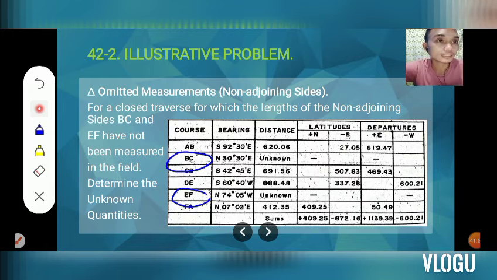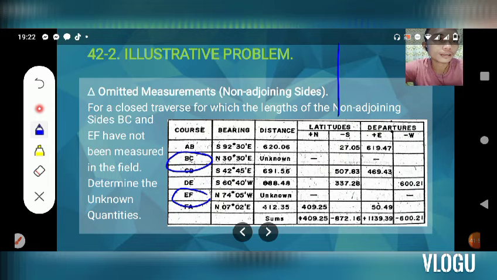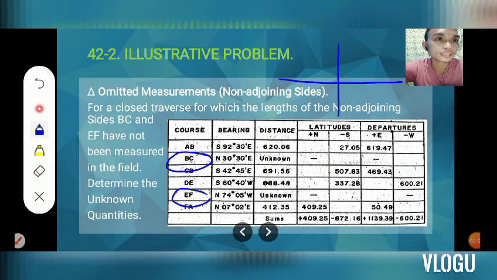Since it is south, going down, if we draw a Cartesian coordinate plane, this is x and this is y.